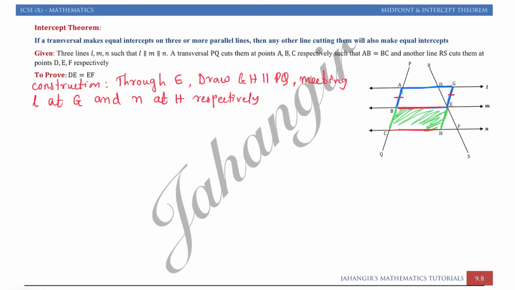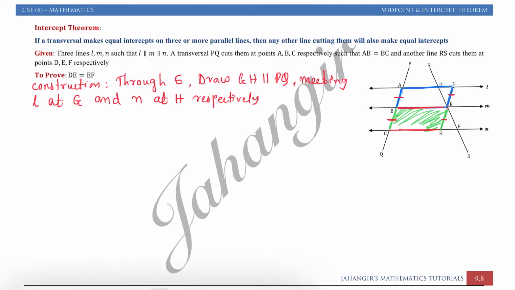So again, this is a parallelogram. So again, I can say this side is equal to this side. Since AB and BC are equal, we can say GE and EH are equal. Then we will go ahead.